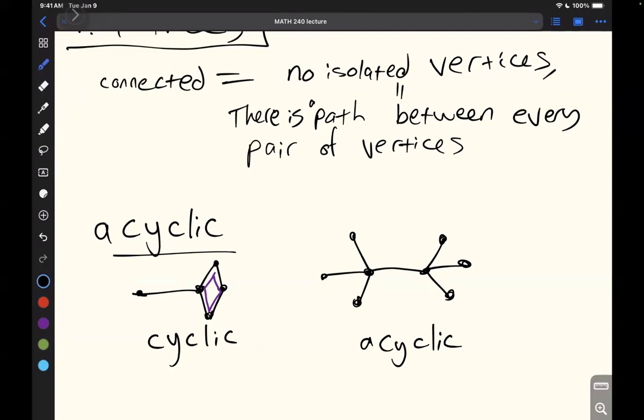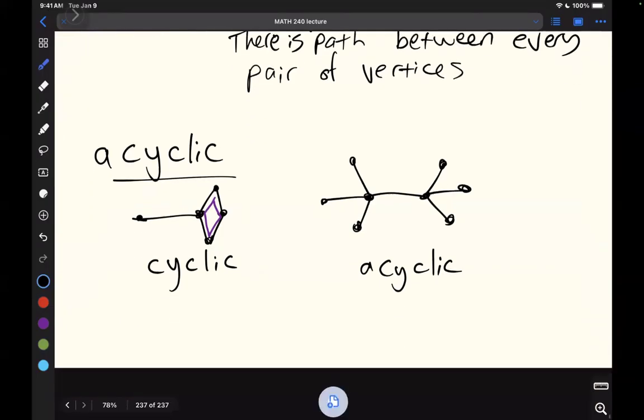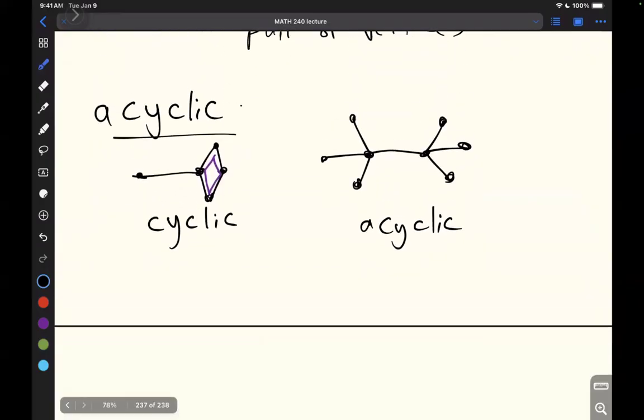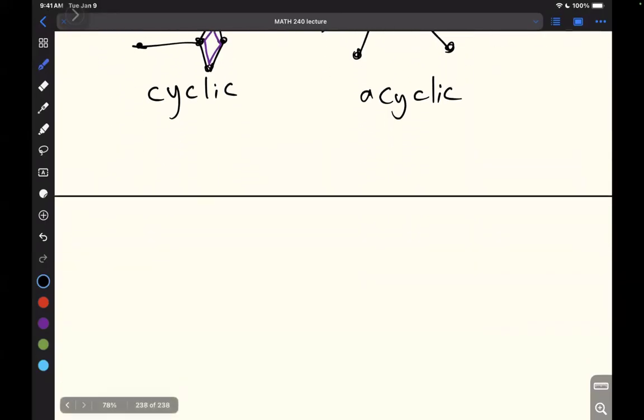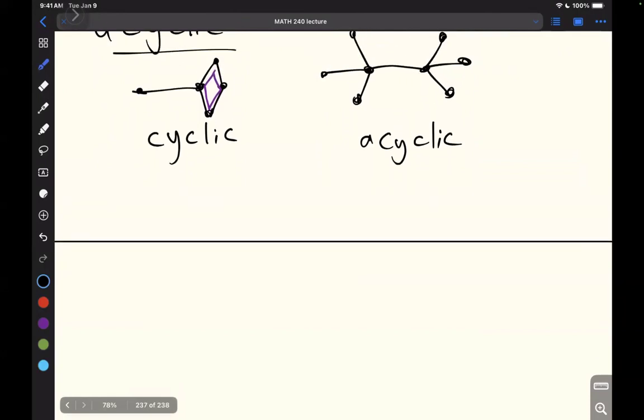And so when there is no cycle, when there is no subgraph of a cycle in a graph, then we say that the graph is acyclic, when no cycle is a subgraph. So no cycles allowed. And then we say that the graph is acyclic. All right.